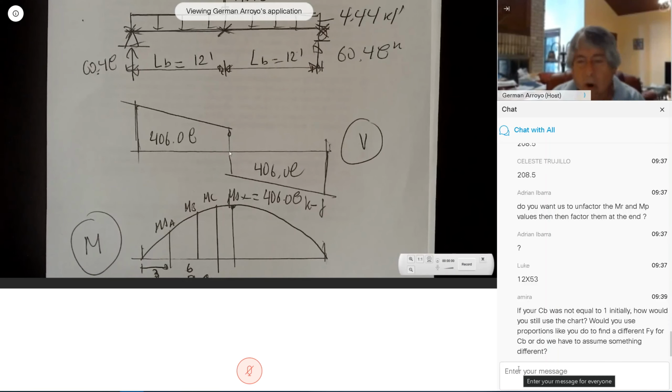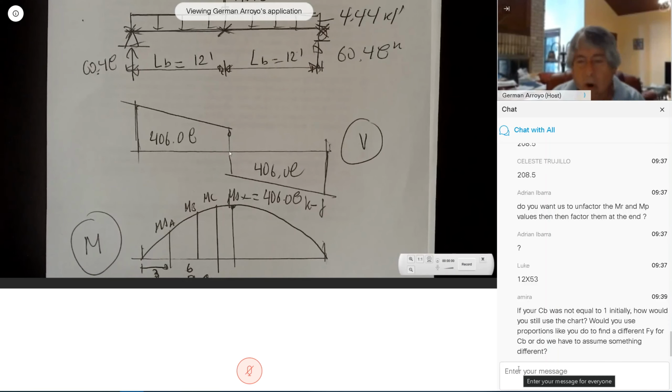So, because the embrace length is 12 feet, I considered the 12 feet in here. M sub A at 1/4, 3 feet. M sub B at 1/2, 6 feet. M sub C at 3/4, 9 feet. You can call this one MA, you can call this one MB, MC.